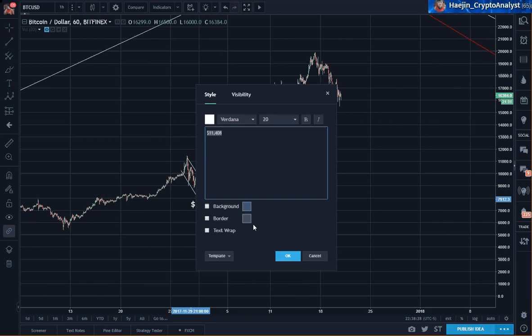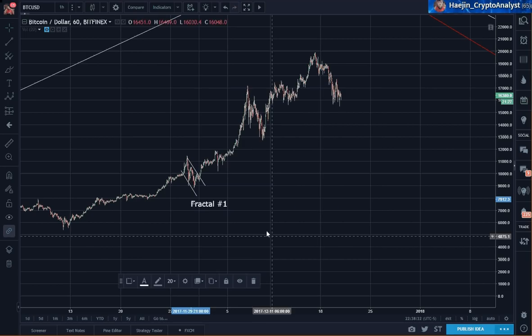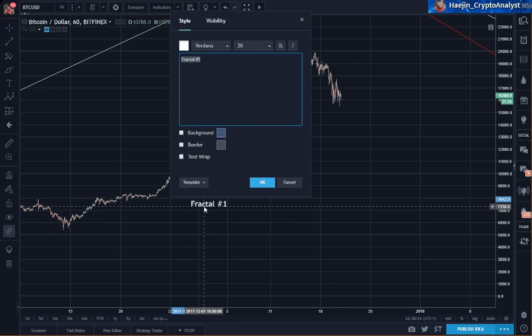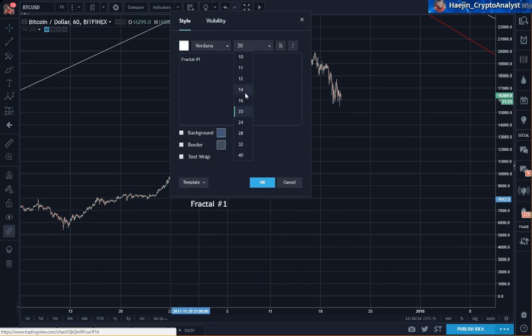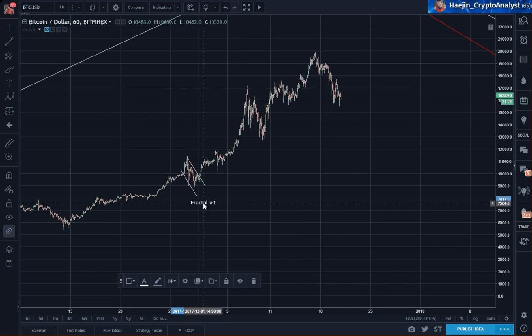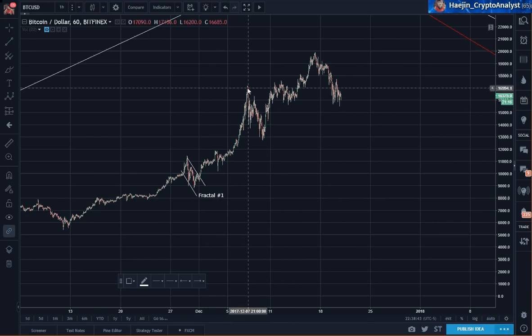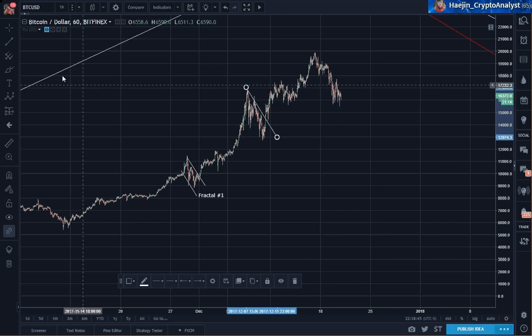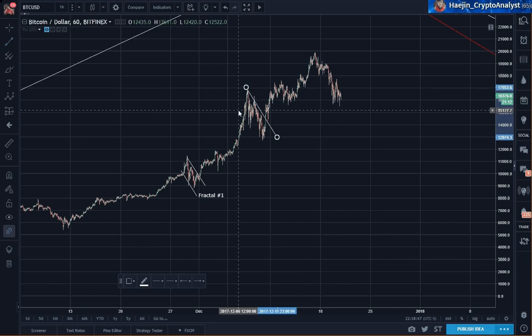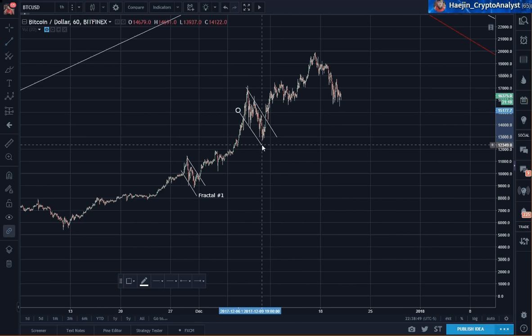And I'm going to call this fractal number 1. And then I'm going to call this, here's another bull flag, but bigger and longer.